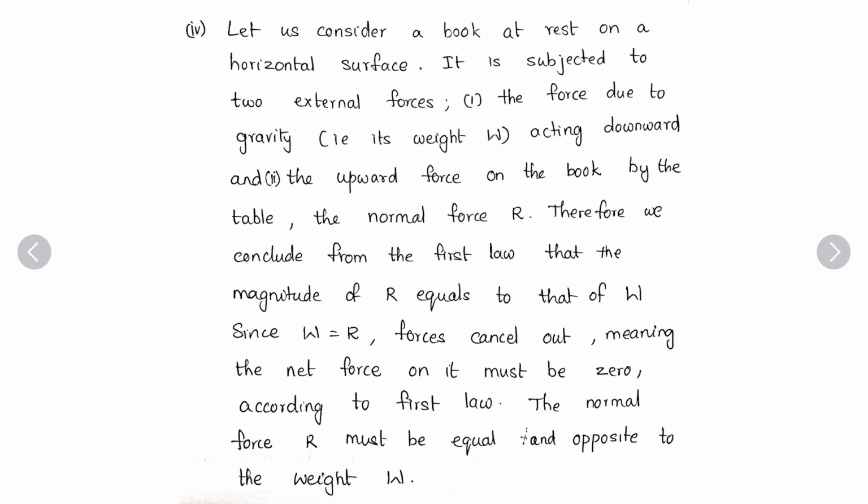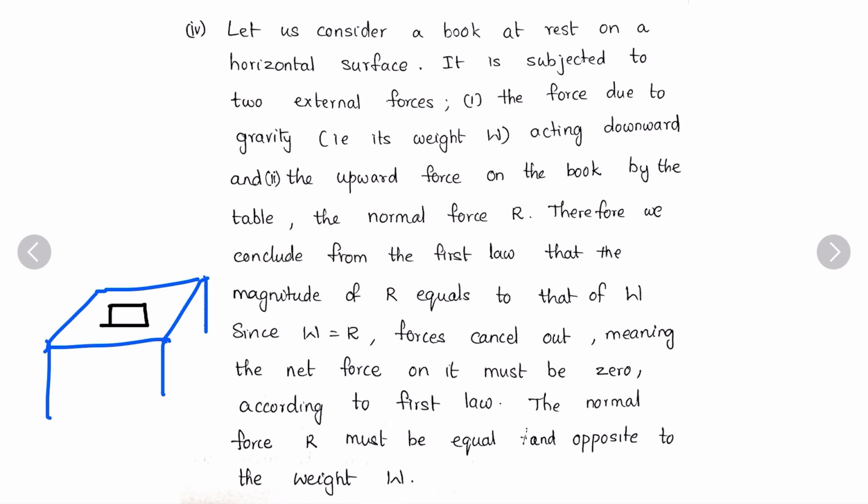Let us consider a book at rest on a horizontal surface. It is subjected to two external forces. So let's take, for example, a table. On the surface of a table, let us assume there is a book.